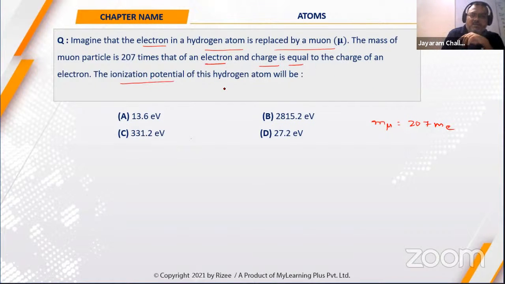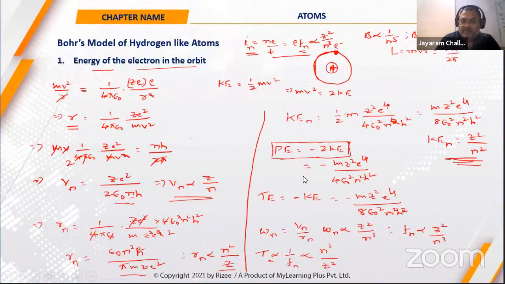He is asking for the ionization potential of the hydrogen. So what is this ionization potential, and from where can you get it? These types of questions will be very important. For the ionization potential, or the energy-related things, how are the energy and the mass related? In the earlier case, where the mass of the electron is replaced, the radius is inversely proportional to the mass.